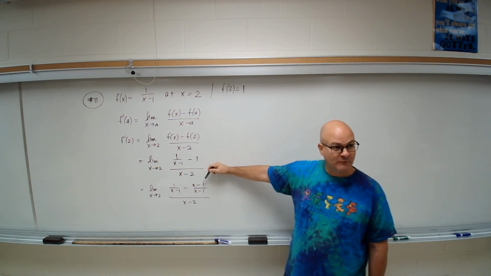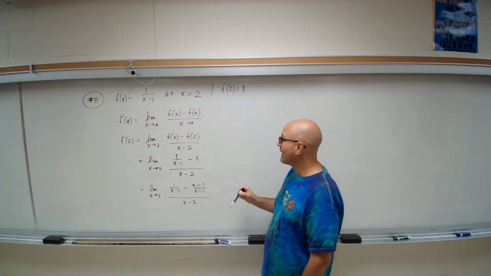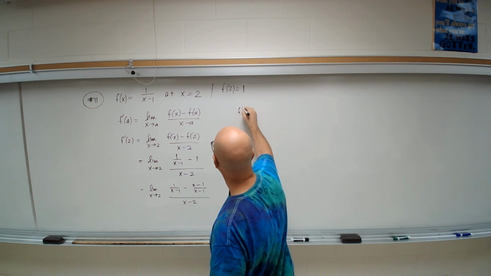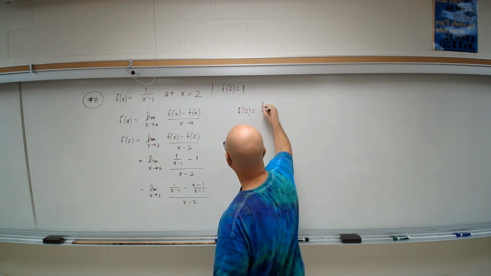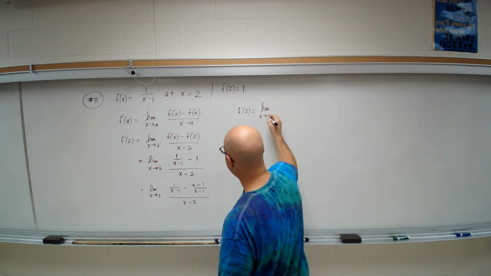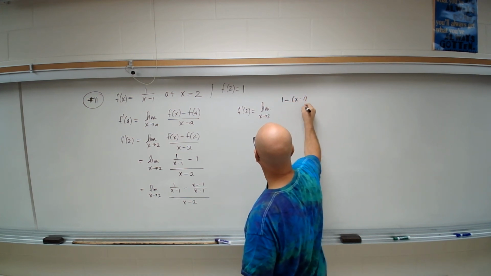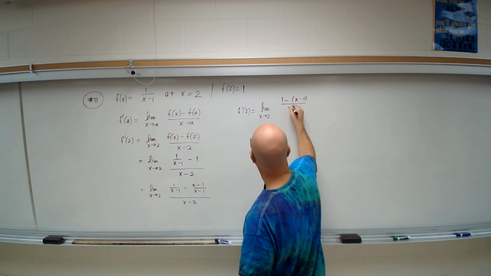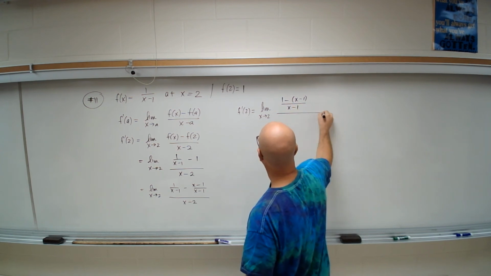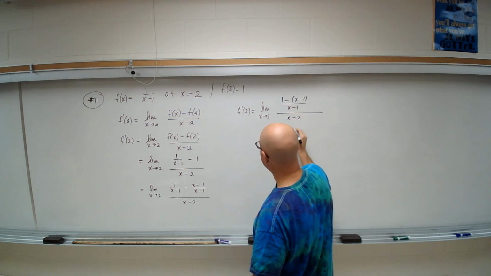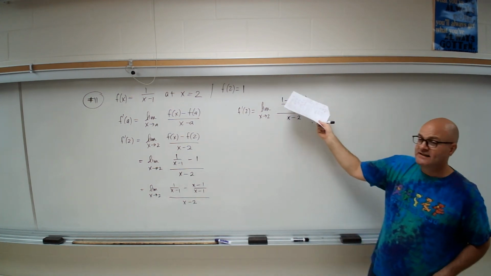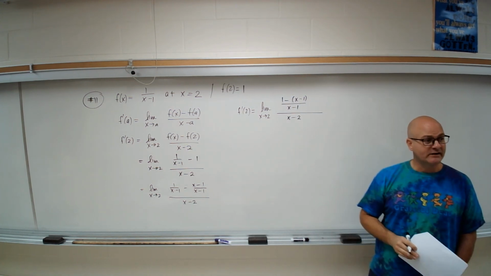And that is where people miss this a lot. So I would recommend, especially early on here, writing this as limit x approaches 2, 1 minus x minus 1, all over x minus 1, over x minus 2. I went ahead and wrote it as a single fraction before I distributed.